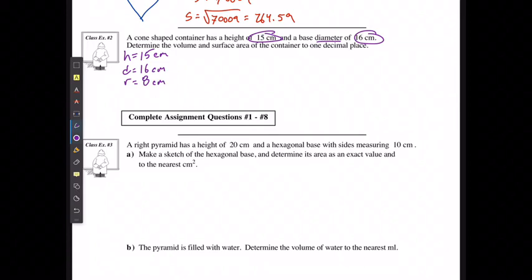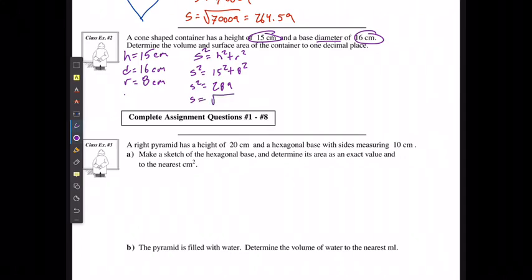And I can solve for my slant height, because my slant height squared is going to equal my height squared plus my radius squared. Slant height squared is going to equal 15 squared plus 8 squared, or my slant height is going to be 289.